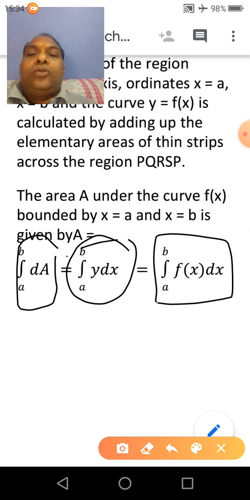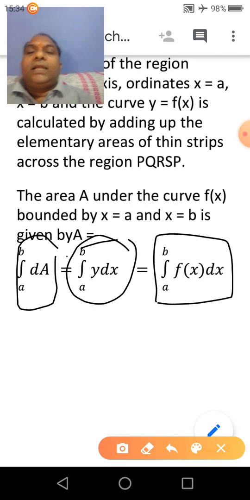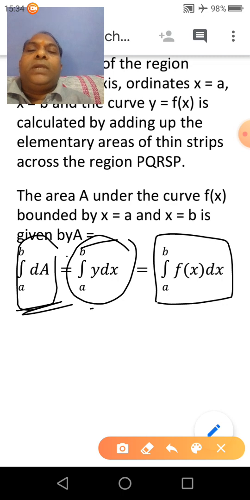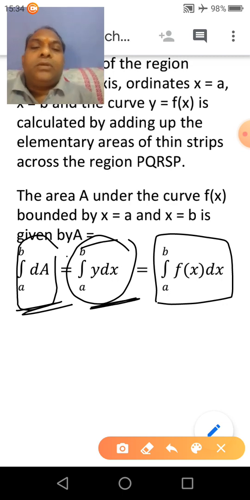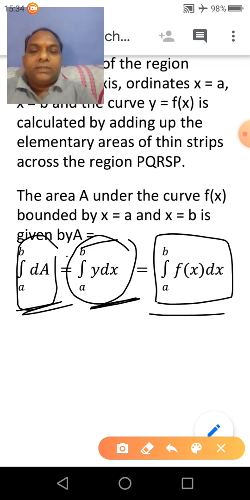Clear? So area under the curve f(x) bounded by x is equal to a and x is equal to b will be integration a to b dA is equal to integration a to b y dx, and y is equal to f(x). So integration a to b f(x) dx.